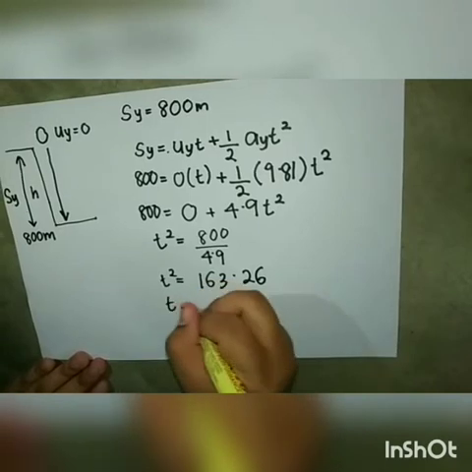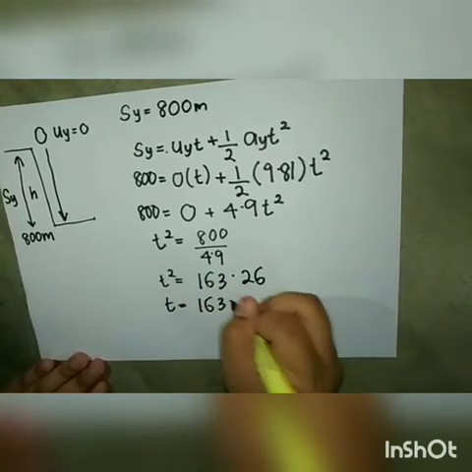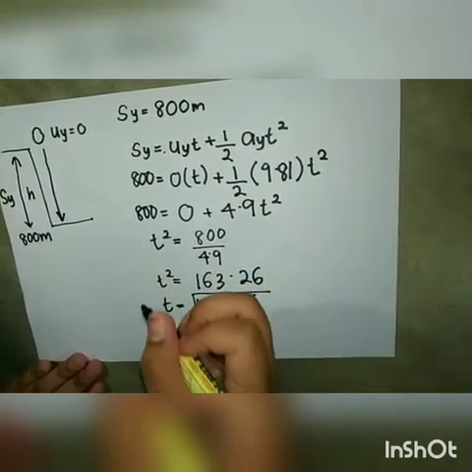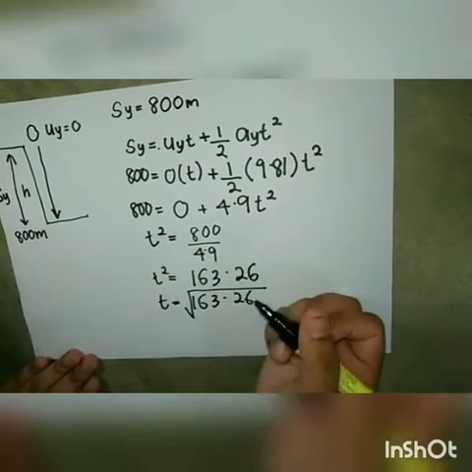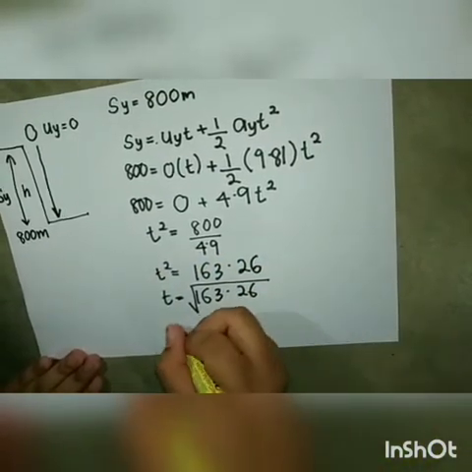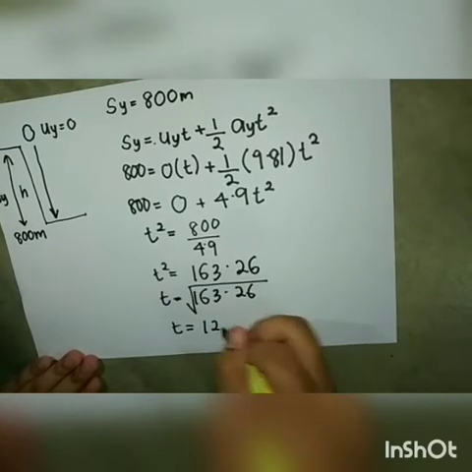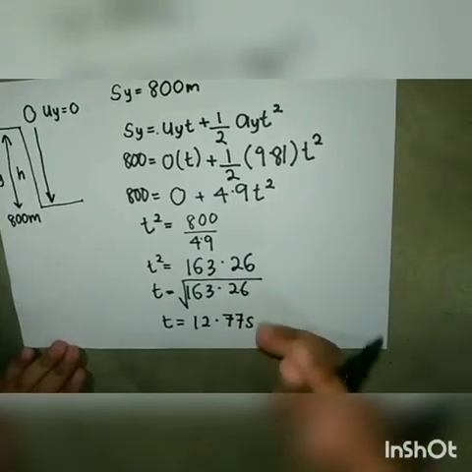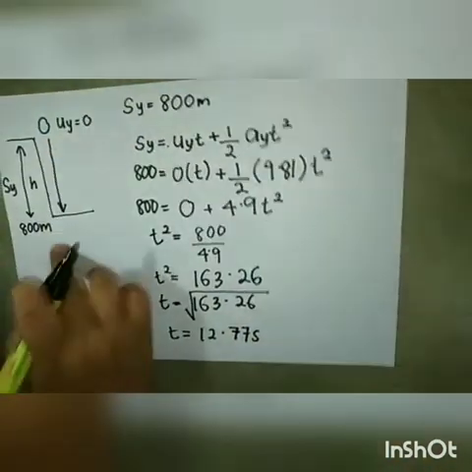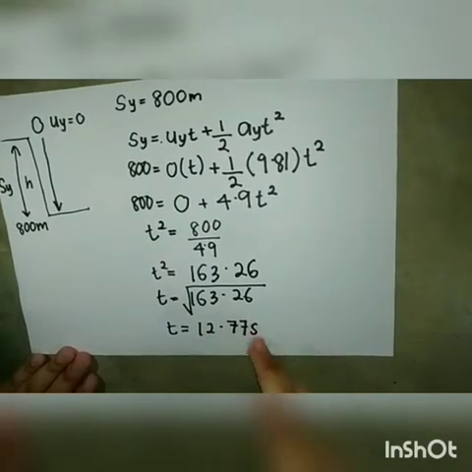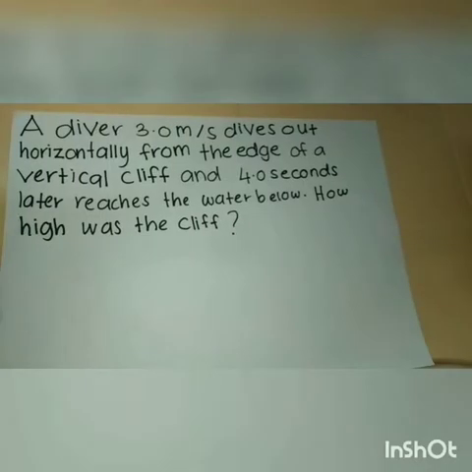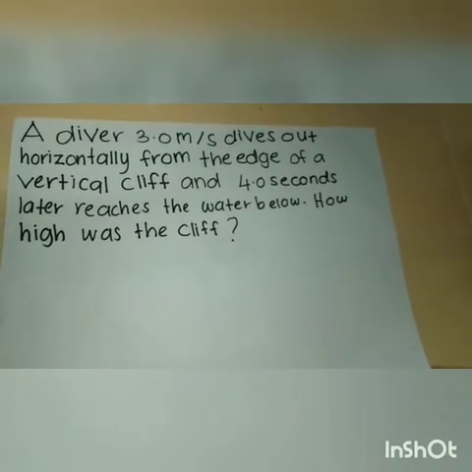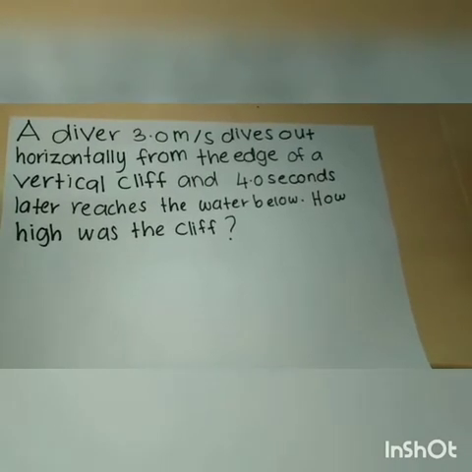So t equal to the square root of 163.26, because we want to remove the power. So the answer is 12.77 seconds. So the time taken for the ball to reach the ground is 12.77 seconds.